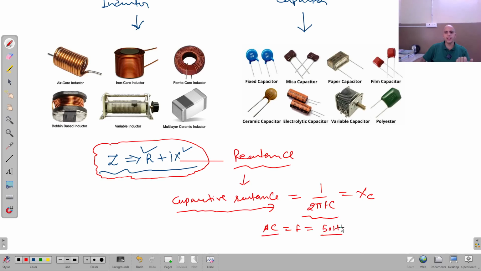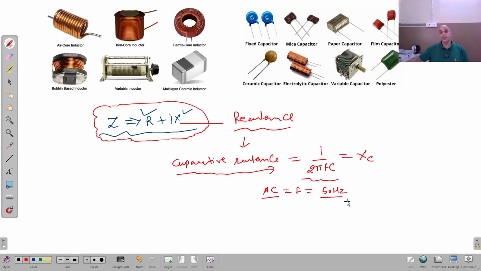But if I am using any electric signal instead of AC, then that signal can have any value of frequency. C will be the capacitance of the capacitor. It means this capacitive reactance will depend upon this value of frequency. But if I take the case of DC, then frequency is 0.